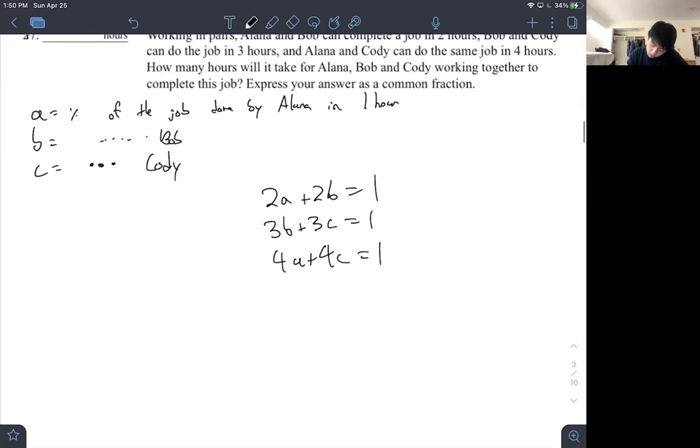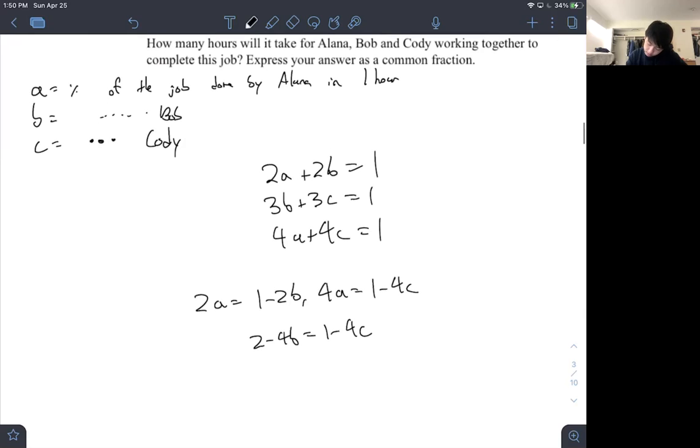So we just write 2A equals 1 minus 2B, 4A equals 1 minus 4C. So therefore, 2 times 2A, which equals 2 minus 4B, equals 4A, which equals 1 minus 4C. And then therefore, 1 plus 4C equals 4B.